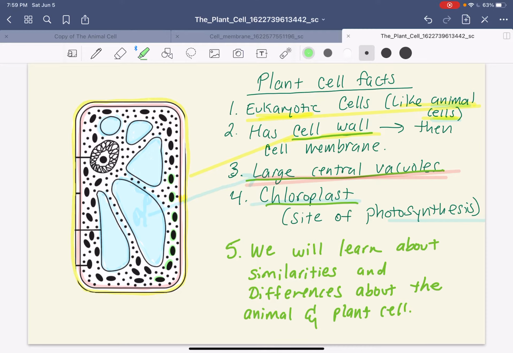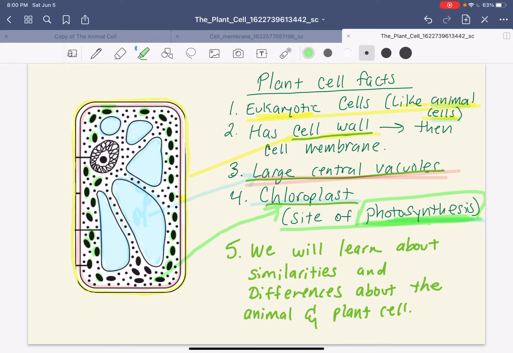They're organelles, and they're very closely aligned to the cell membrane. All of these are chloroplasts. Chloroplasts are the site of photosynthesis. Photosynthesis is the next video, video number 6.